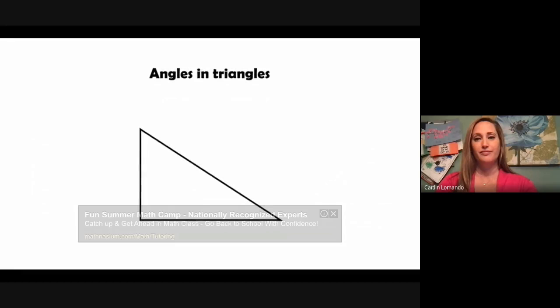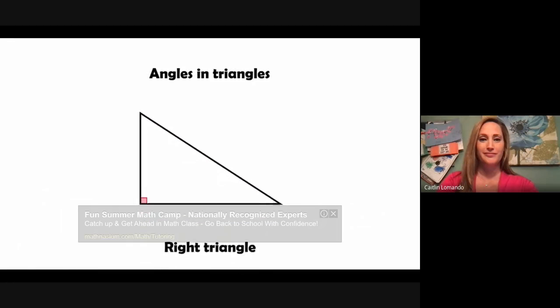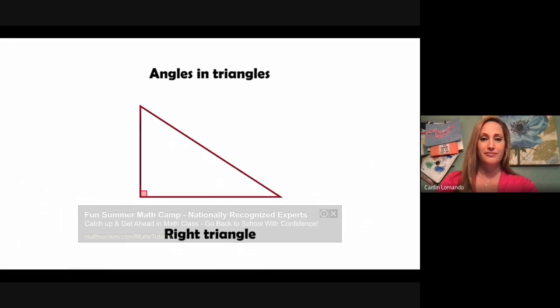Let's take a look at this triangle. Notice that this angle is a right angle. If a triangle has a right angle, then we call it a right triangle. So this triangle is a right triangle. Here's another triangle. As you can see, in this one, we have an obtuse angle which is larger than the right angle.